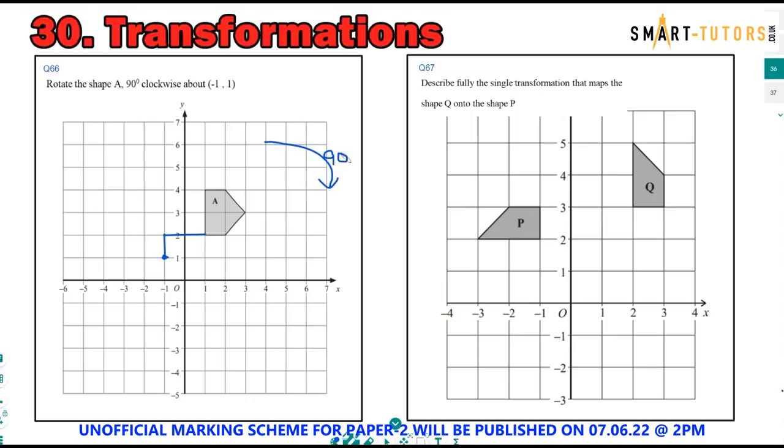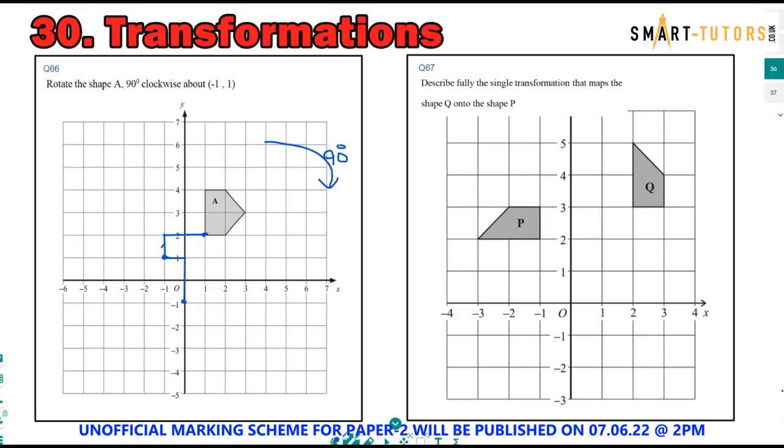That L-shaped blue line becomes 1 to the right and 2 to the down. So that corner point becomes this point now, right?